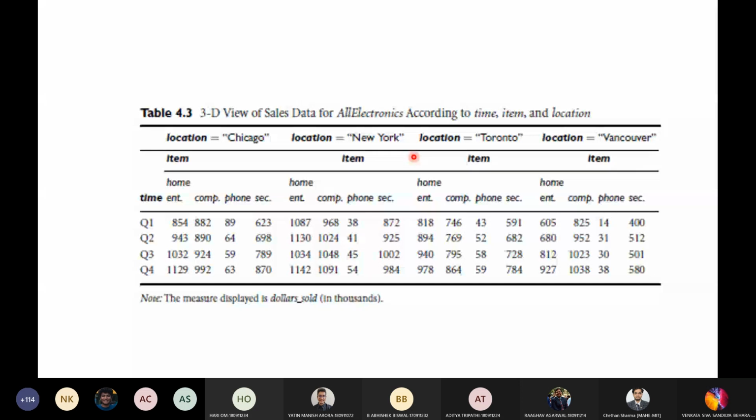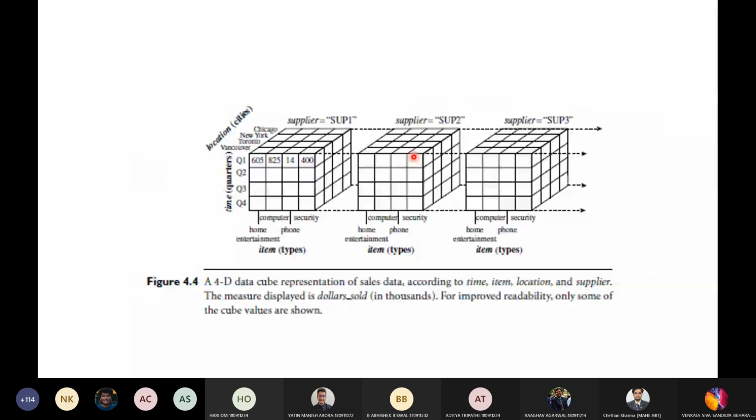One thing you have to remember is that n-dimensional data can be anything, but it is not usually used. 4D is usually not used; 2D is used, 3D is used, but 4D is quite rare. So in that case, you can view or display n-dimensional data as a series of n-1 dimensional cubes. This is one example where 4D data is viewed as a series of 3D cubes.